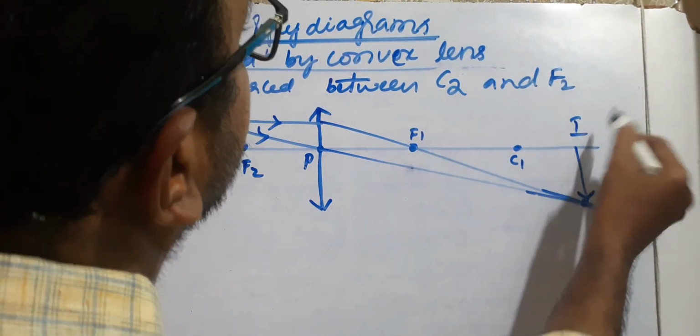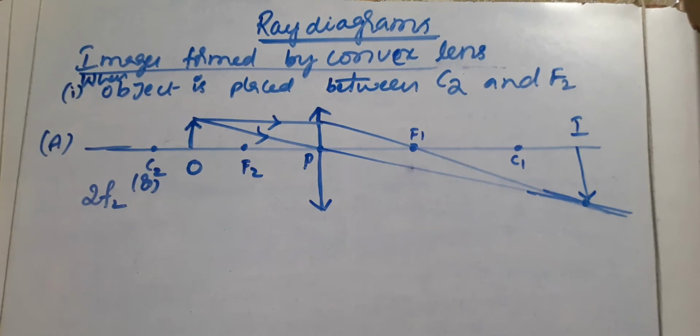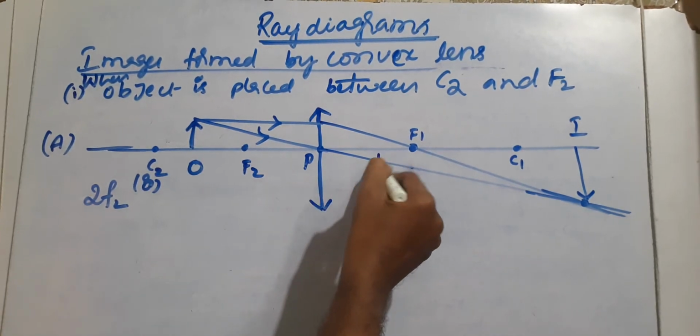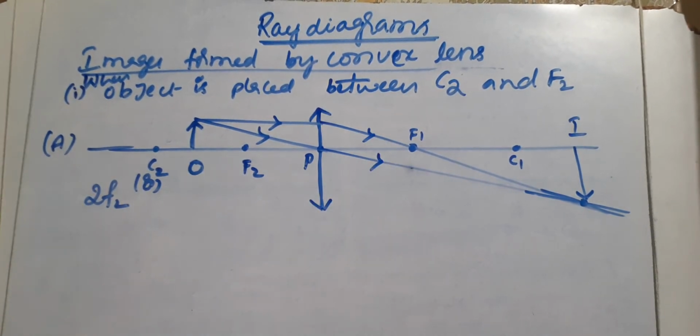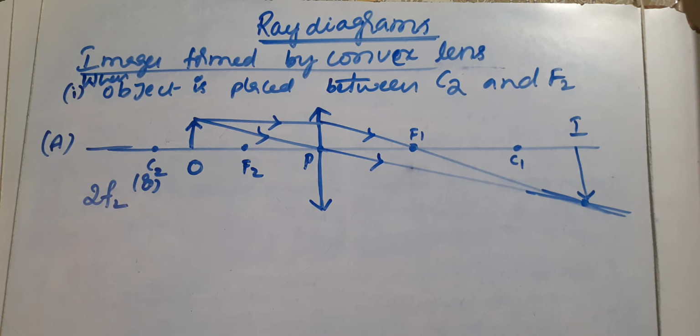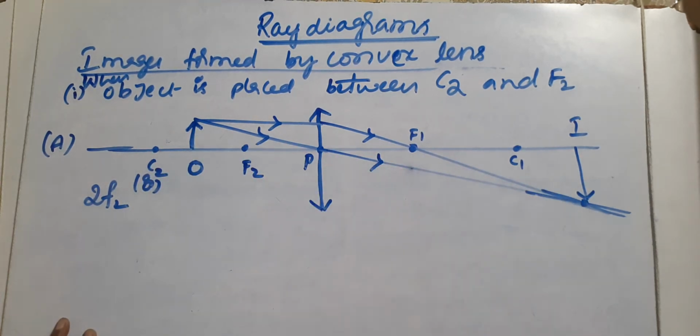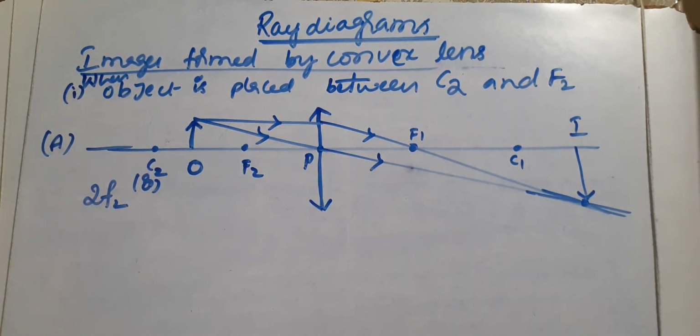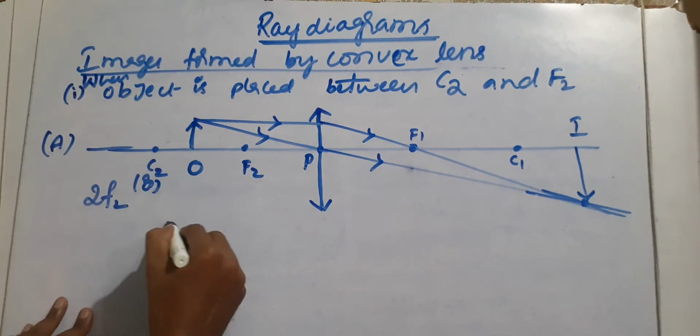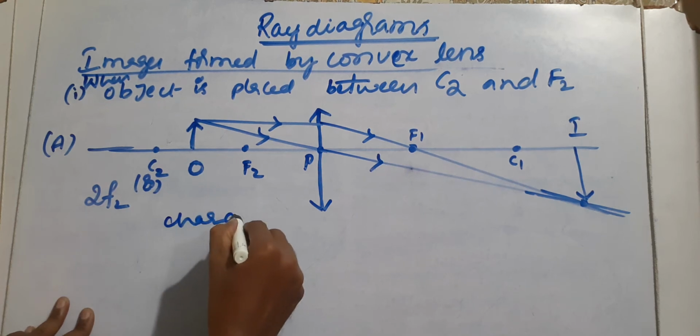This is the image, students, because the two rays are converging beyond C1. This image is also not visible directly, so you can see it after forming it on the screen.